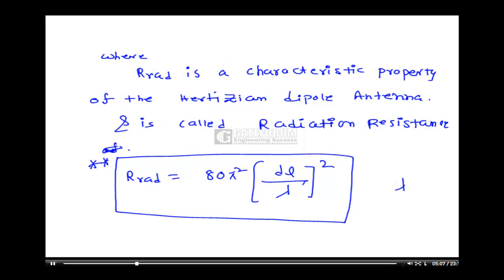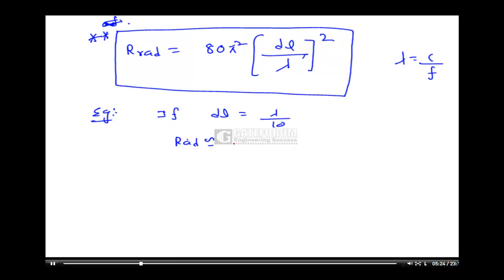We know that lambda is C by f, and we can calculate using that, where dl is the length of the Hertzian dipole. Suppose, for example, dl is equal to lambda by 10. Then the radiation resistance is approximately 80 pi square into lambda by 10 whole square, divided by lambda square. Lambda cancels, giving 1 by 100.